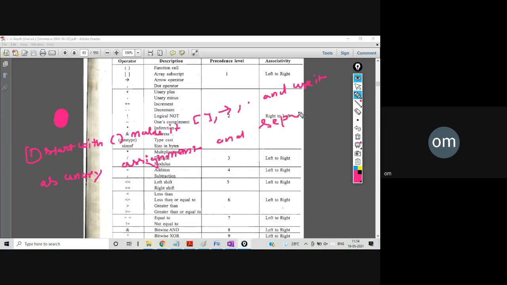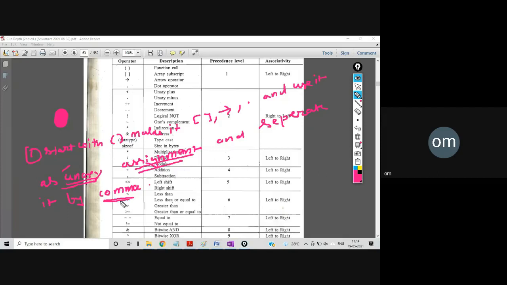Start with round bracket, make it square, arrow, dot, and use it as unary assignment. So I'm underlining unary, then I'm underlining assignment, and separate it by comma.